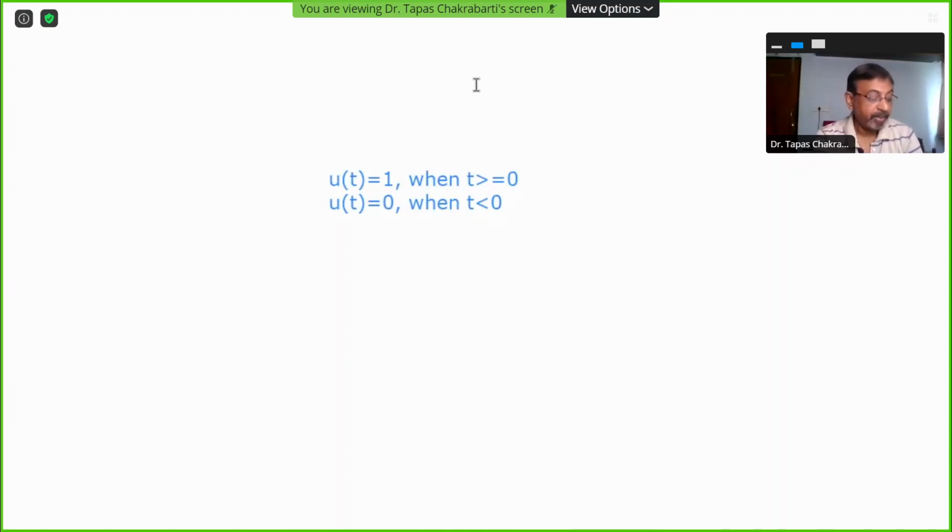Again, I am repeating, the step function is an important signal used for analysis of many systems. The step function is that type of elementary function which exists only for positive time and is 0 for negative time.